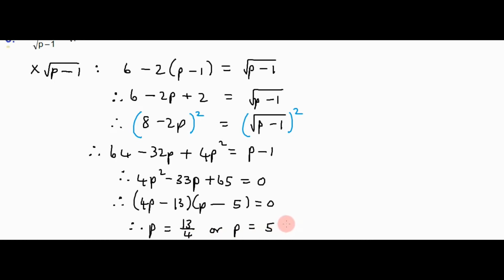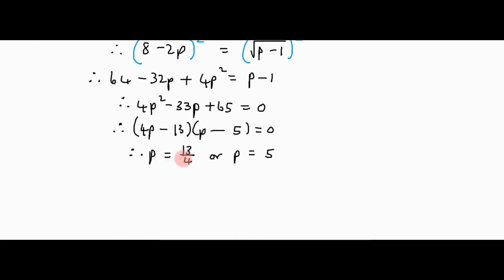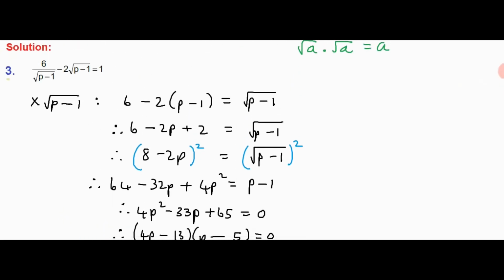Now we need to check both our answers by plugging it back into the original equation. So let's first check p equals 13 over 4. Then the left-hand side of the original equation will equal 6 over the square root of p minus 1, minus twice the square root of p minus 1.